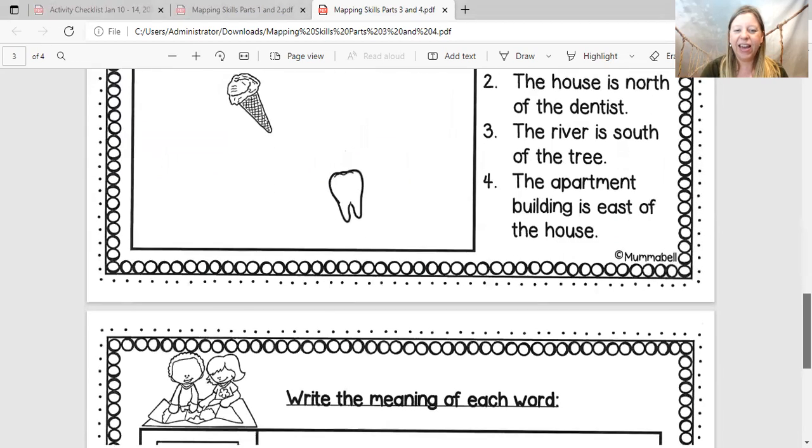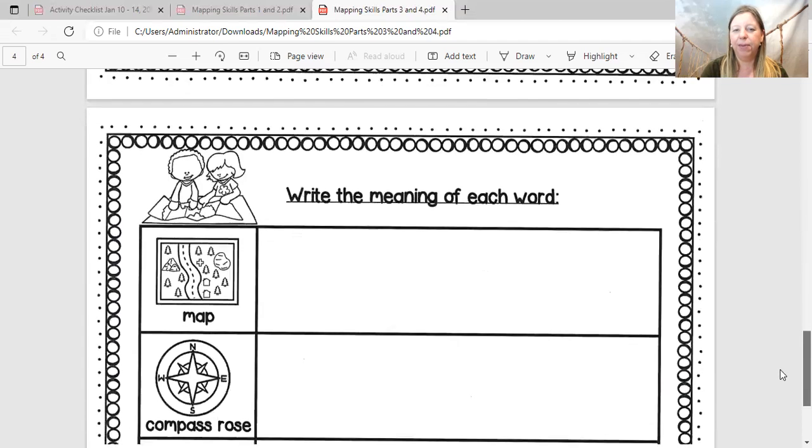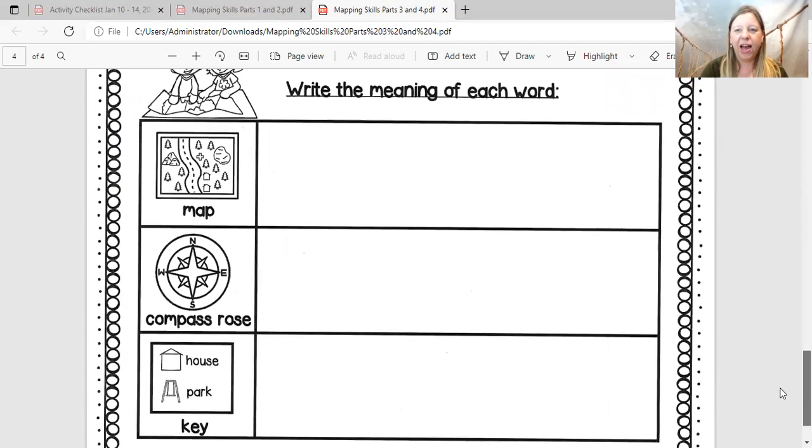All right, and then the next part is you need to write the meaning of each word. I'm going to do this part with you. For this, you will need to have the words from the first part, so the first bundle.